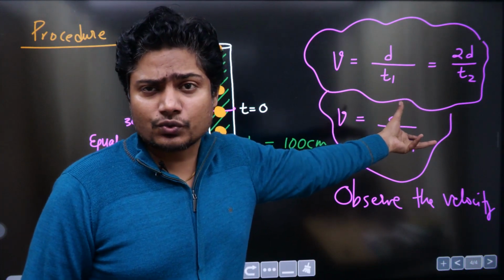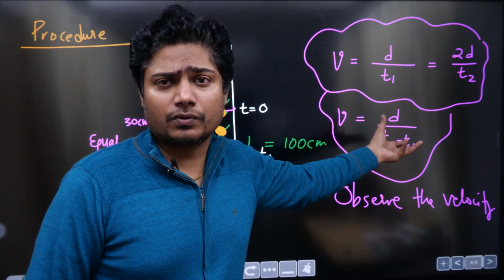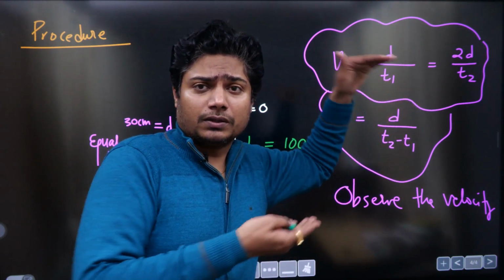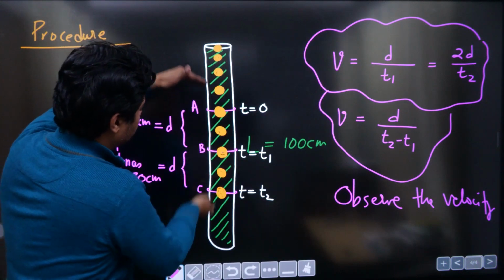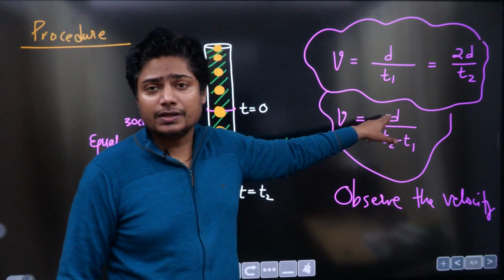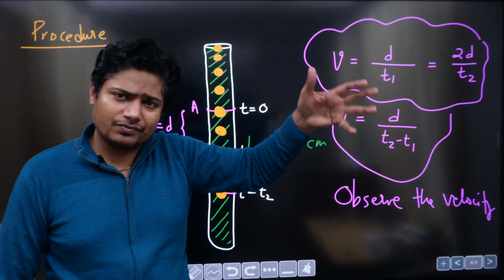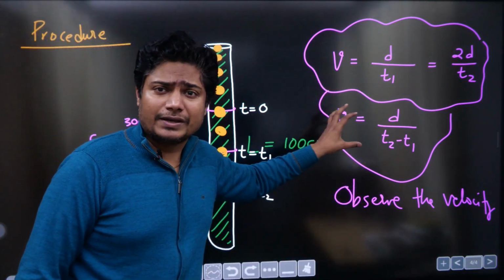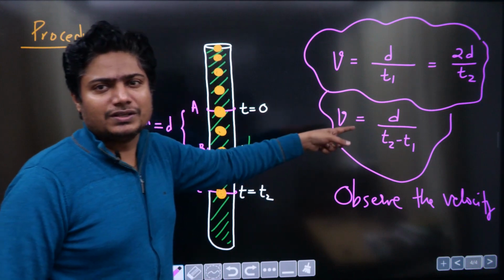The least count of the stop clock will add error here, and the least count of the meter scale will be added to the d, which will produce the error in v, which we can calculate in the problems. But you should understand that is how we can observe the v using these measurements.